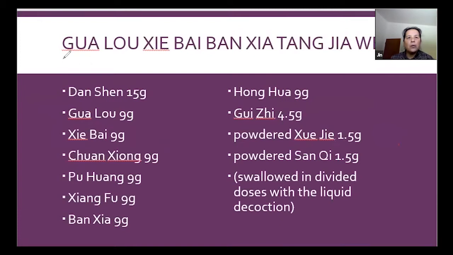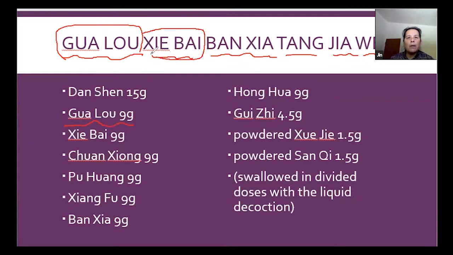The formula we use is 瓜蒌薤白半夏汤加味. 瓜蒌 is the herb's name. 瓜蒌 is pretty good for opening the chest, removing phlegm in the chest. 薤白 is a warming herb, still mainly warming for the heart, for the upper jiao. 半夏 resolves phlegm.